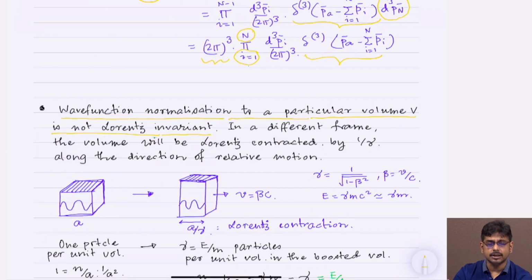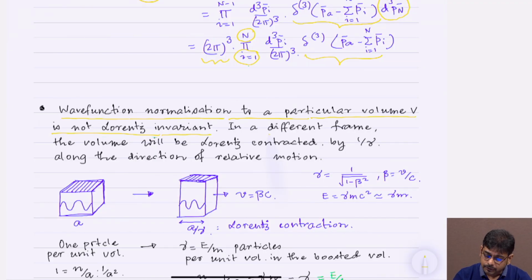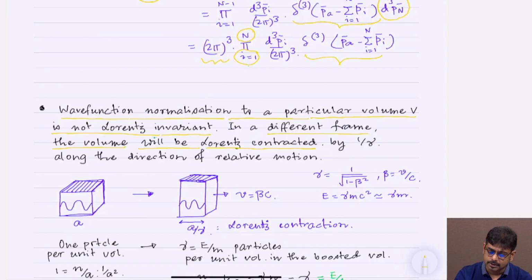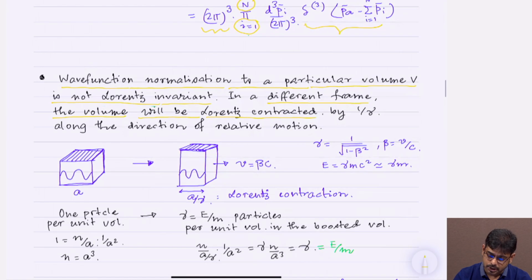This is easily understood from the fact that when this volume moves with a very high velocity in a different frame, the volume will be Lorentz contracted. This is one of the immediate corollaries of the special theory of relativity: if you are running with a very high speed, then the length in that direction gets contracted, and this is what is called the Lorentz contraction.